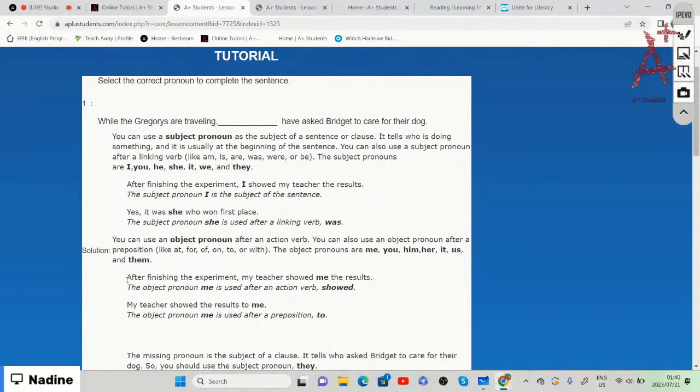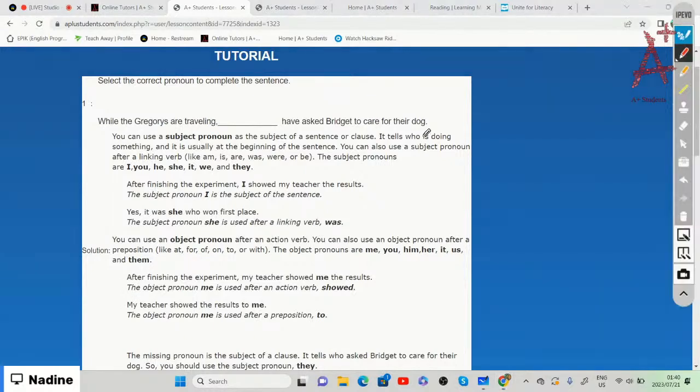If we look at the example sentence: after finishing the experiment, my teacher showed me the results. Which means that the object pronoun within the sentence is me, right? And me comes after the action verb, which is showed.